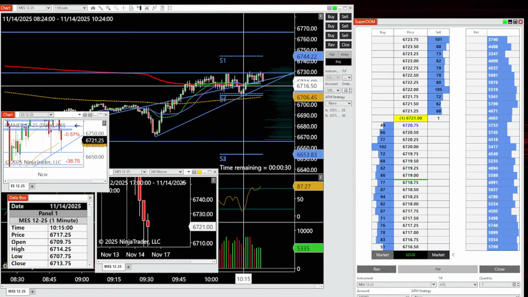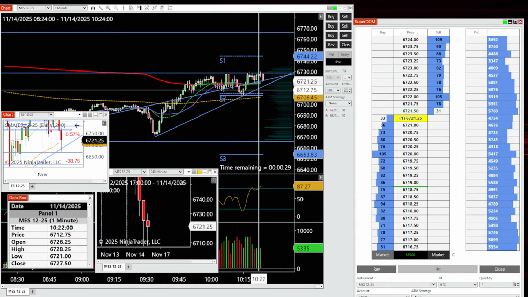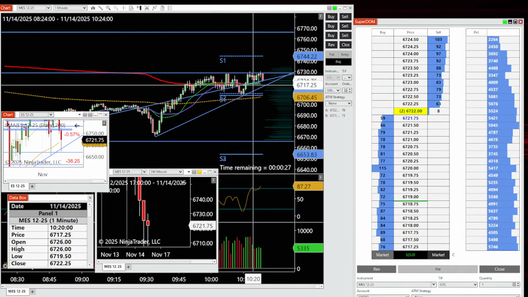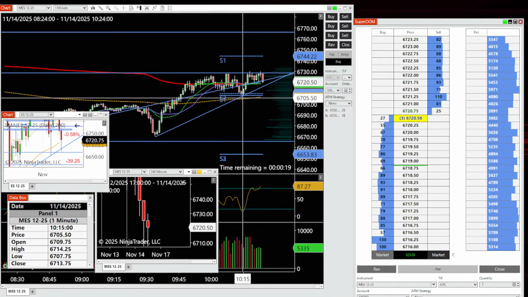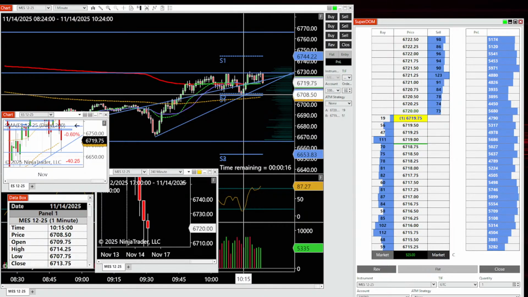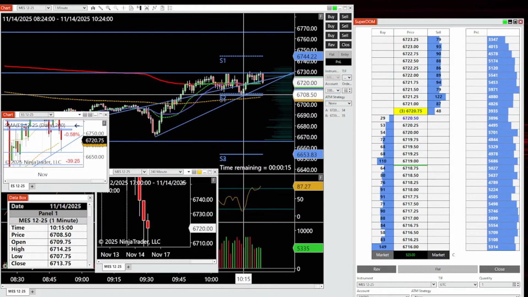We got a double top here, 1, 2. We got a triple top here. Still holding this trend line here.